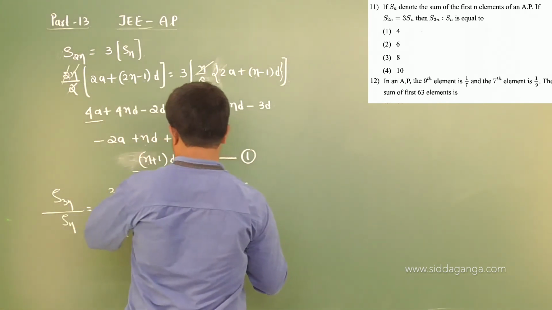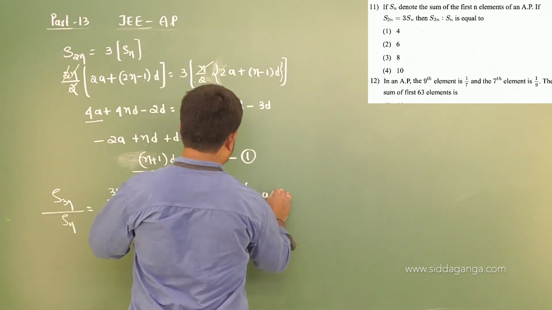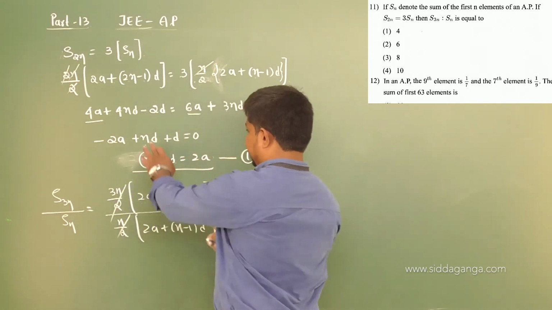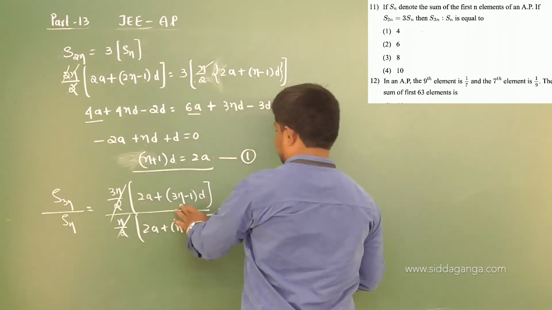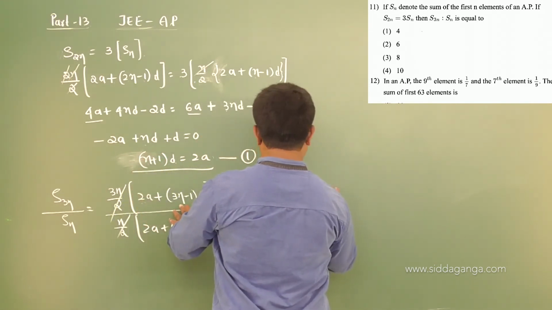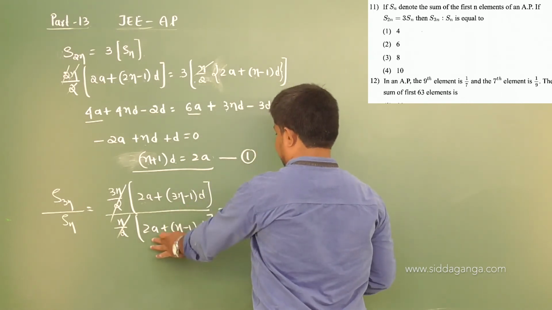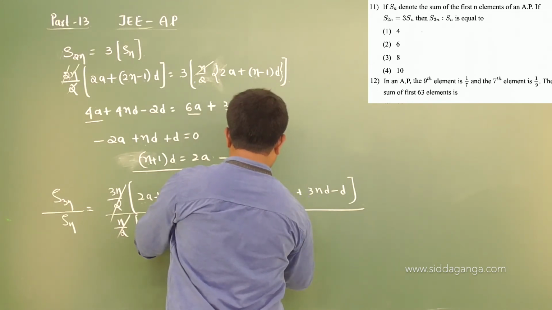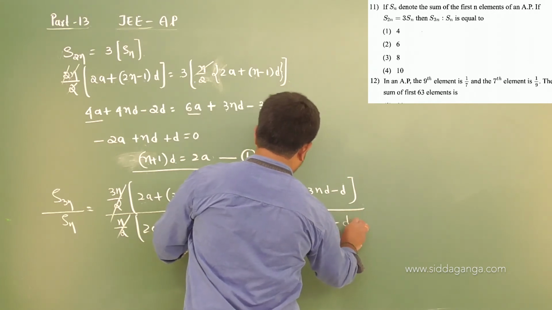In place of 2a, I write nd plus d. So this is 3 times 3nd minus d whole, divided by, again in place of 2a, nd plus d plus nd minus d.